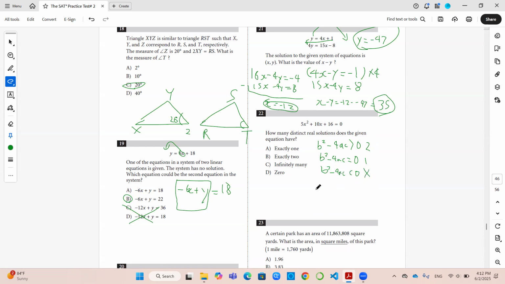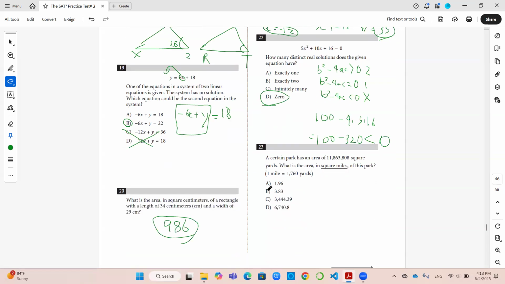Okay, I'm going to go ahead and do b squared, which is 100, minus 4 times 5 times 16. And 100 minus 320, that's obviously less than 0. So we have no solution. So D is correct.